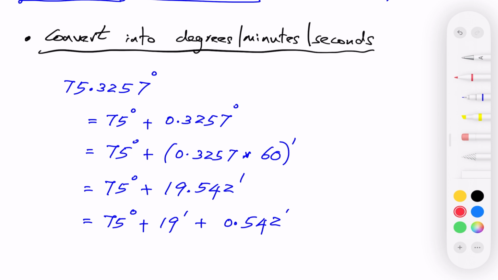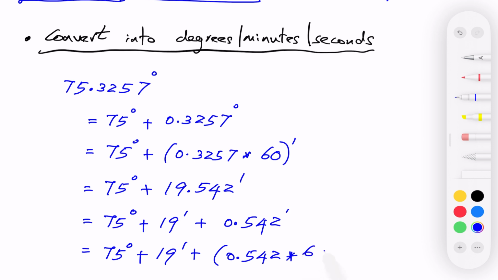Now what we need to convert into seconds is the decimal part of the minutes. We have 0.542 minutes. How would you convert that into seconds? We need to multiply that quantity by 60. Let's do that in the next line. We have 75 degrees plus 19 minutes plus 0.542 minutes, which has to be converted into seconds by multiplying by 60.